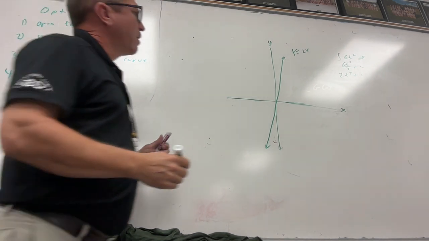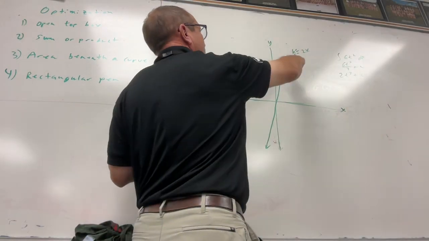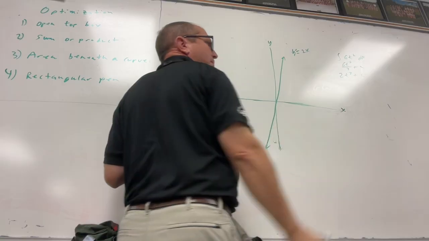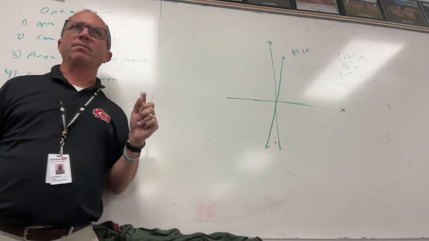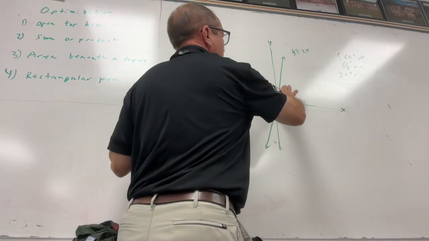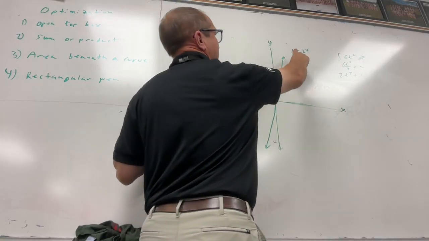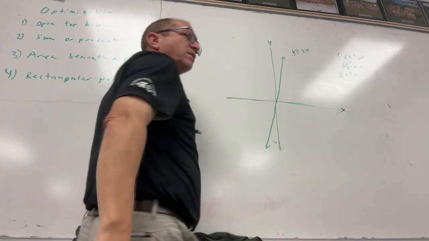So every y value up here represents the slope of my original function. I'm going to say that again. Every y value on this graph right here represents the slope of my original function.